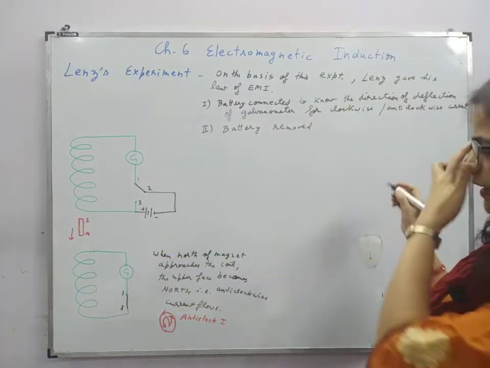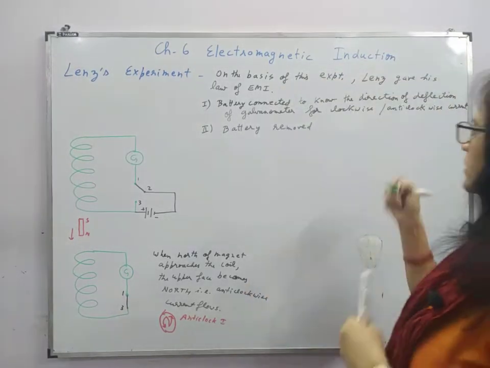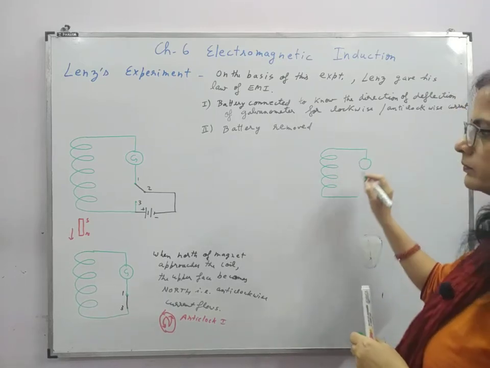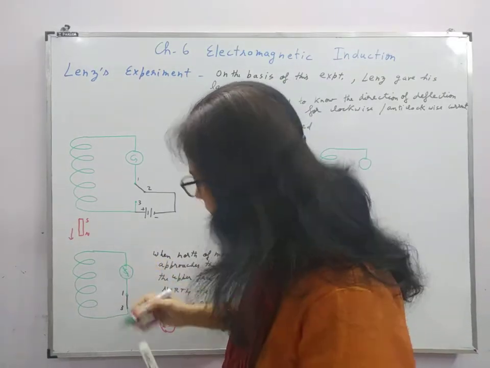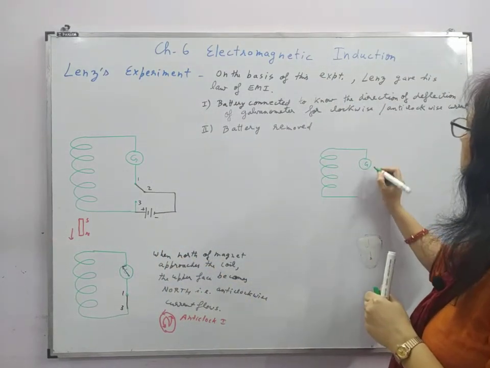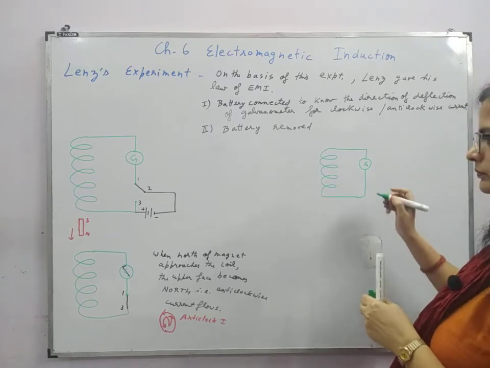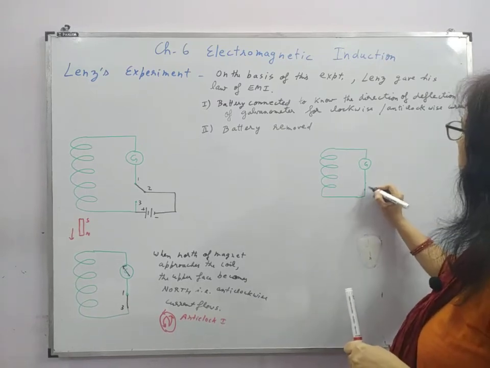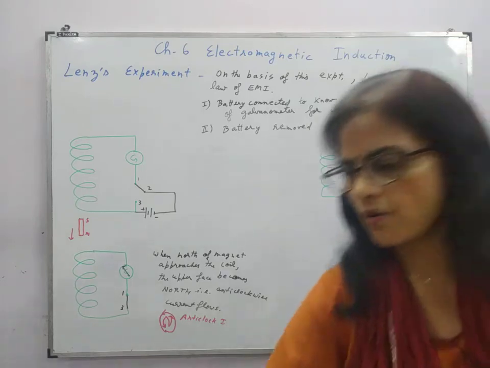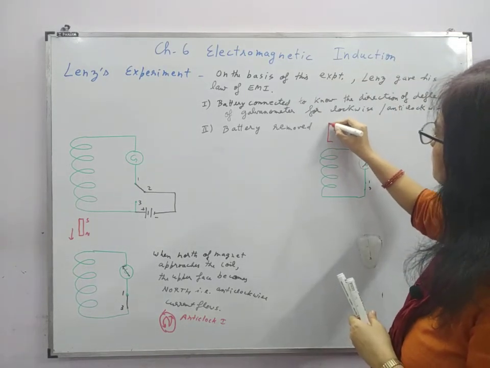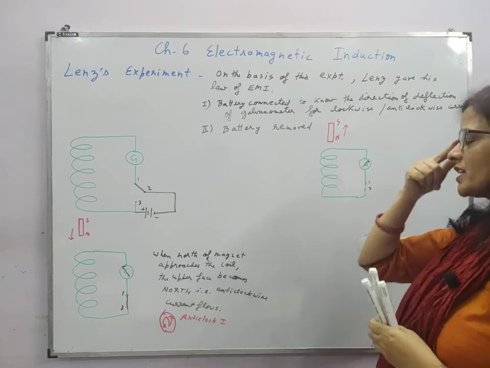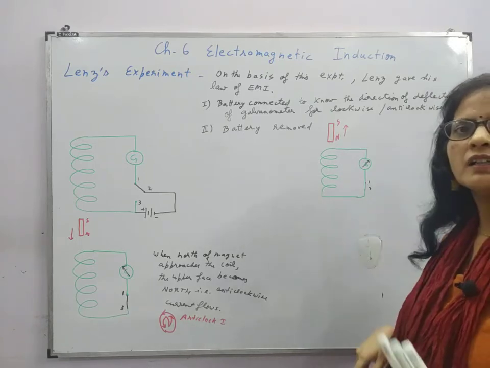Similarly, it was observed in other cases also. If we draw another diagram for this case, when this magnet is now receding away, it was observed that the upper face becomes south pole to attract the magnet now.